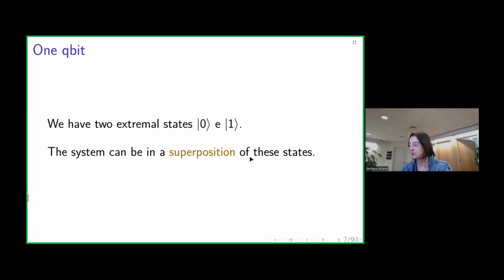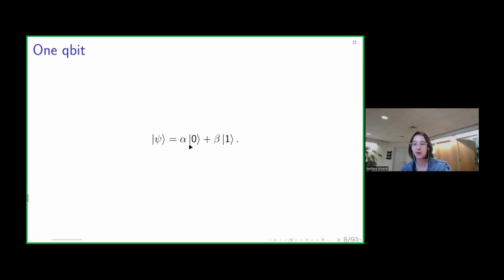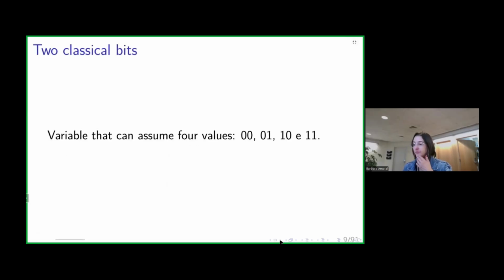So we start with two orthonormal vectors in C2, but the states can be superpositions, which mathematically translate into linear combinations of these two vectors, remembering that we have the normalization condition for alpha and beta. Okay, so we talked about this a lot.